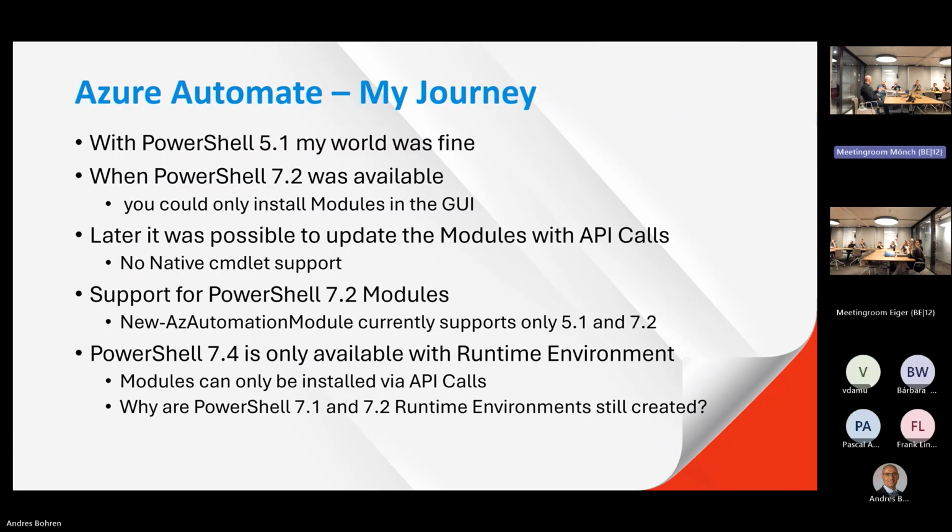Why? They're not supported anymore. So that's a thing where I think it's not yet round. It's not yet finished somehow. And then 7.4 is only available in the runtime environment, and you had to enable that in a special way. It's not there by default, so that's still the case.